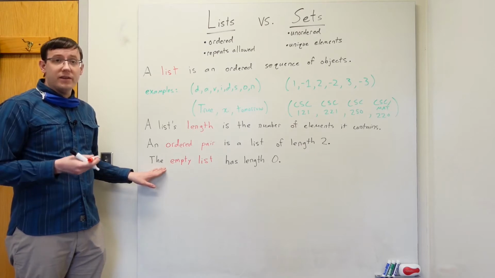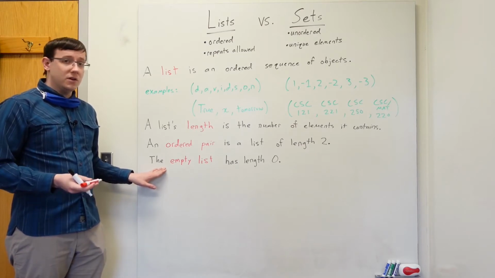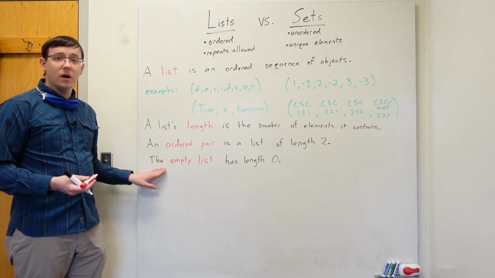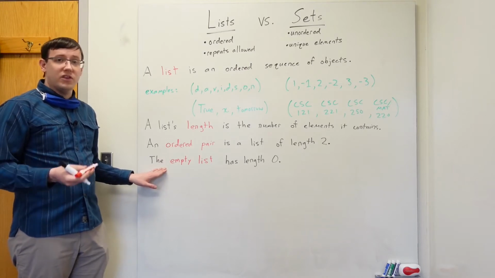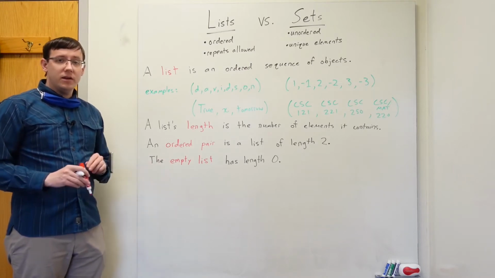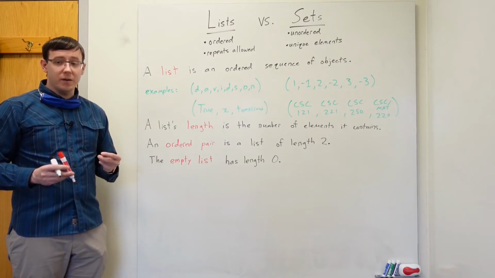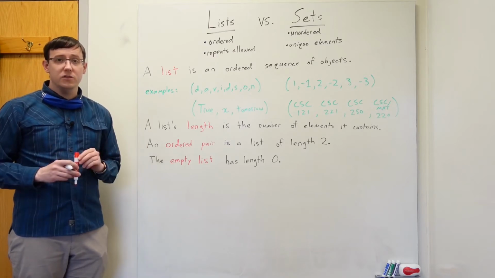And we use a definite article here because all empty lists are, in an important sense, the same empty list. And so we can talk about what it means for two lists to be equal.